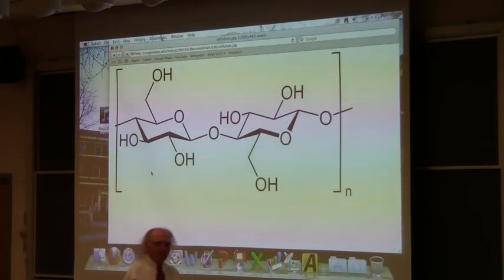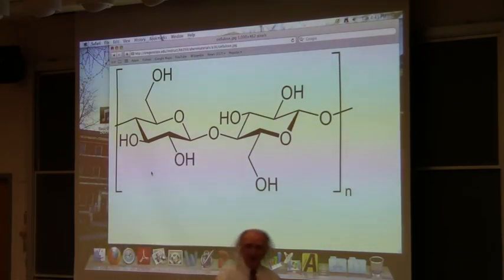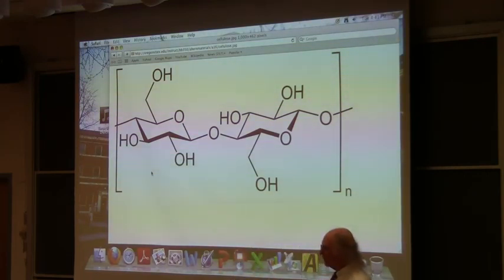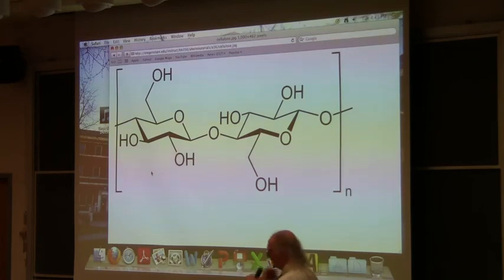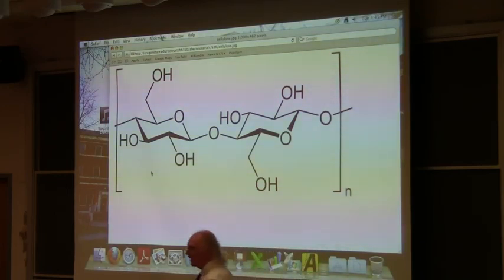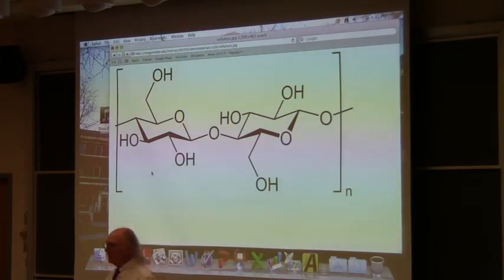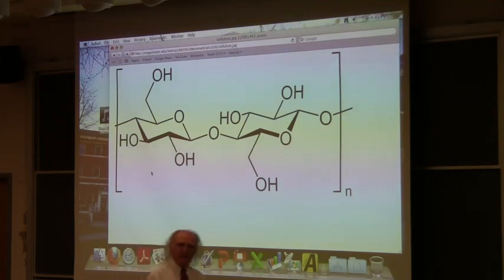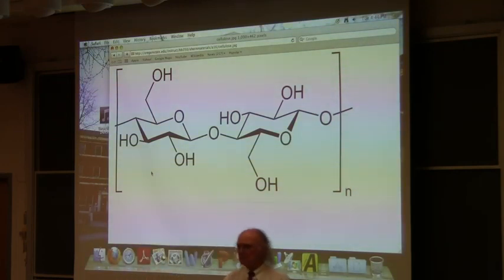Ruminant animals, on the other hand, like cows, have a bacterium in their rumen. The rumen is a specialized stomach that cattle have. They have a bacterium in them that contains the enzyme cellulase. As its name suggests, cellulase breaks down cellulose.